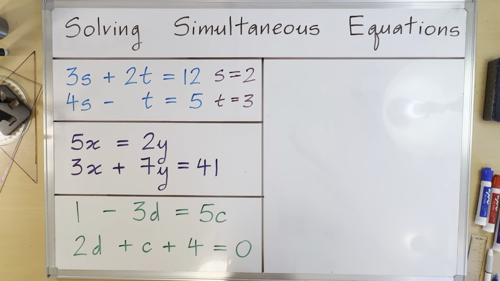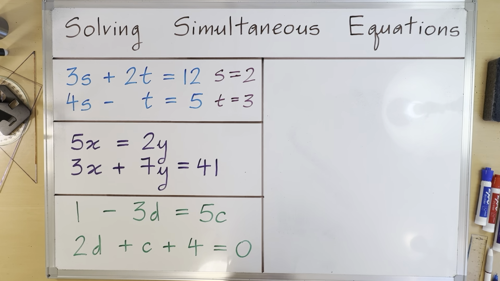This would become 5x minus 2y is equal to 0. And the second equation is 3x plus 7y is equal to 41.